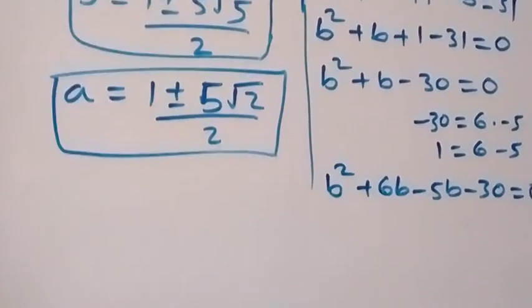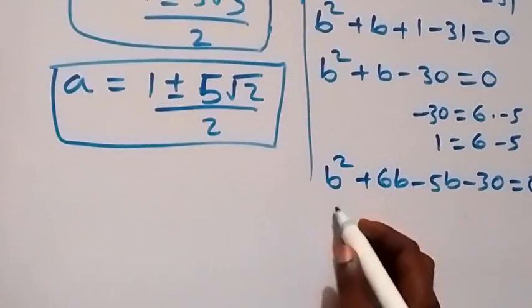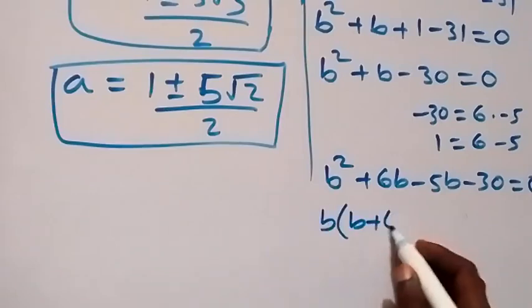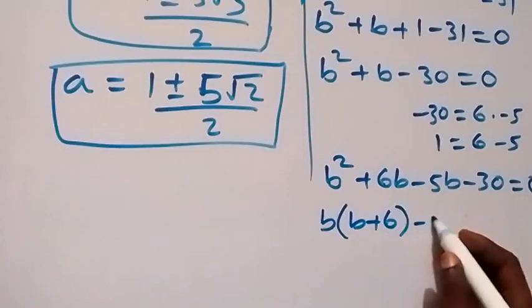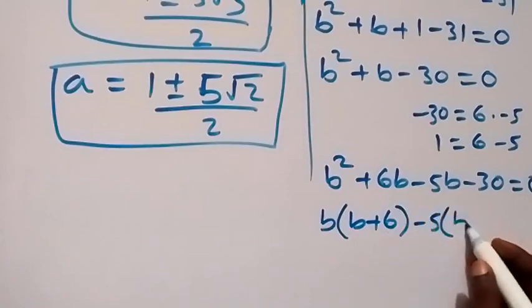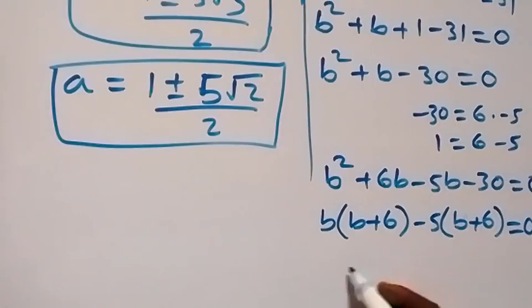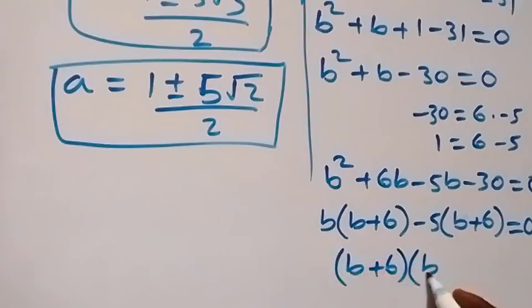Then when we group these two, we have B common here, into bracket B plus 6, then we have minus 5 common here, into bracket B plus 6, then equals 0. Then B plus 6 is common, you take it out, then we have into bracket B minus 5, then equals 0.